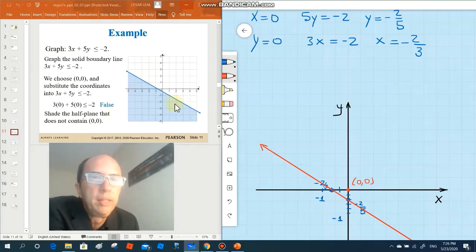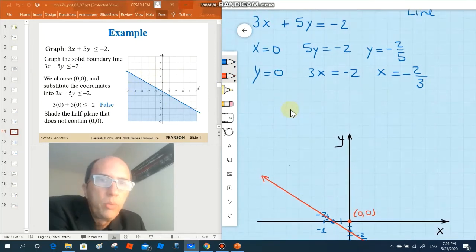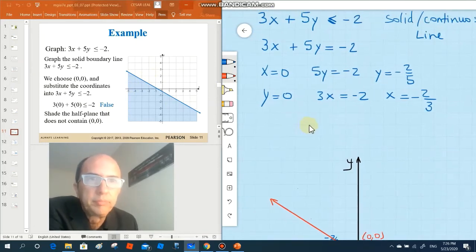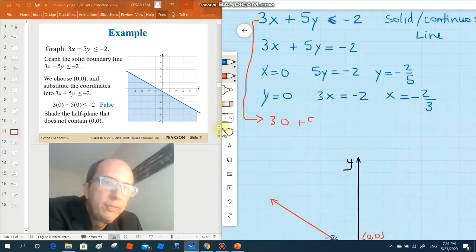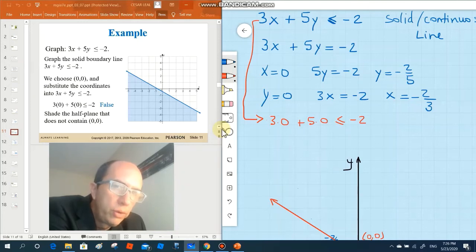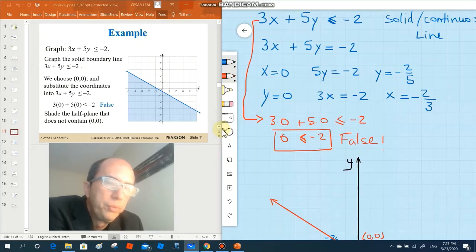Let's plug this into the inequality. 3 times 0 plus 5 times 0 is less than or equal to negative 2. Let's check if this is true or false. 0 is less than or equal to negative 2. What do you think? False, right? Because 0 is greater than negative 2.